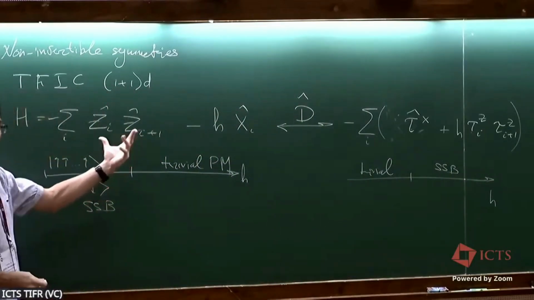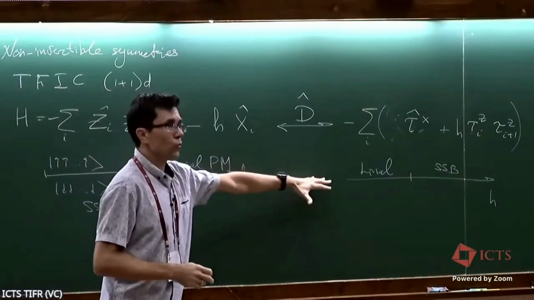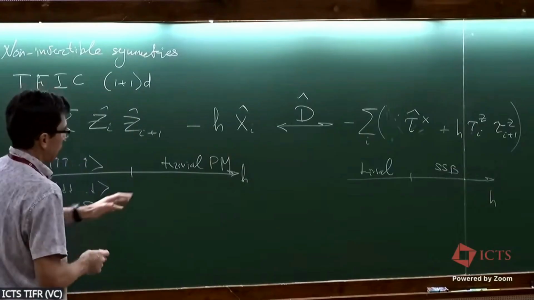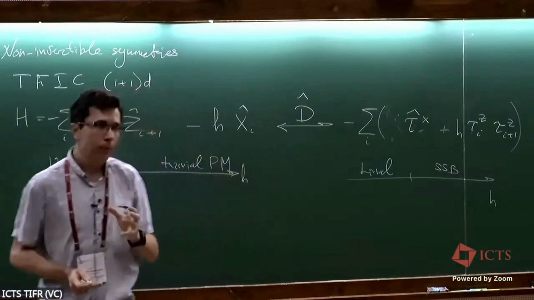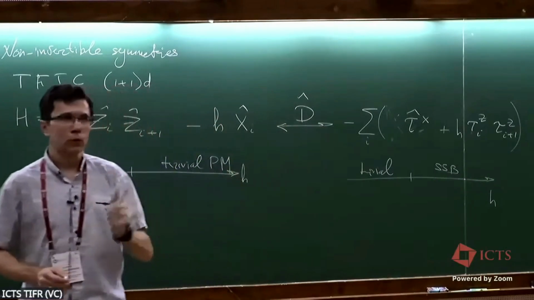And since this duality preserves the spectra, the two states have to correspond to one another. Now, it turns out, and this was realized perhaps a long time ago, that this operator D cannot possibly be invertible.